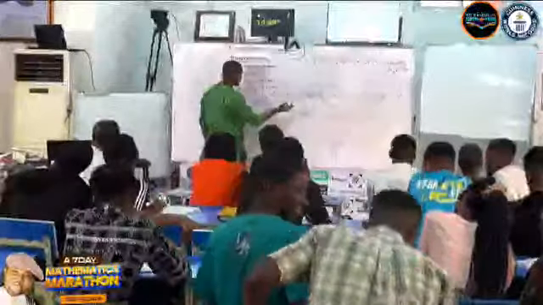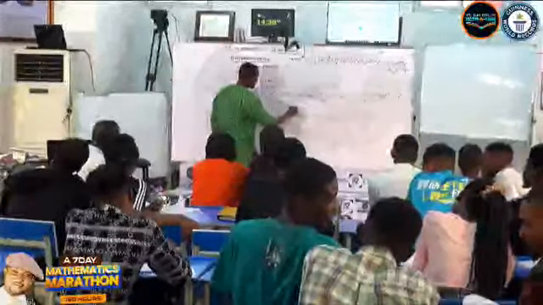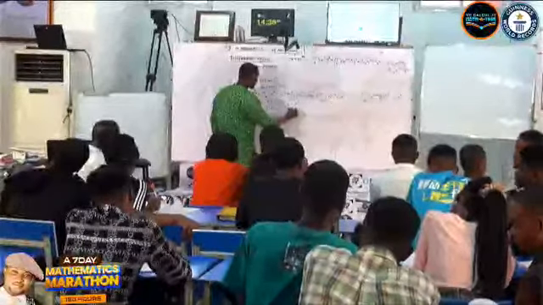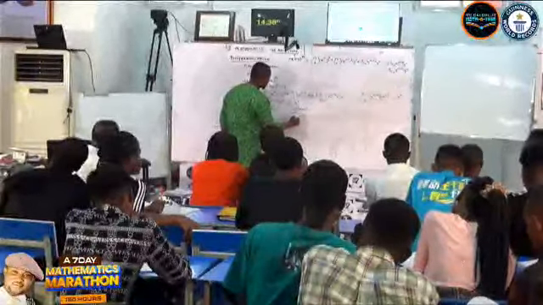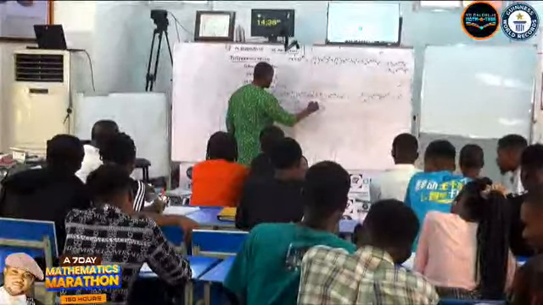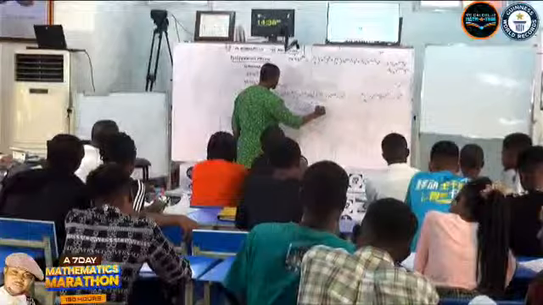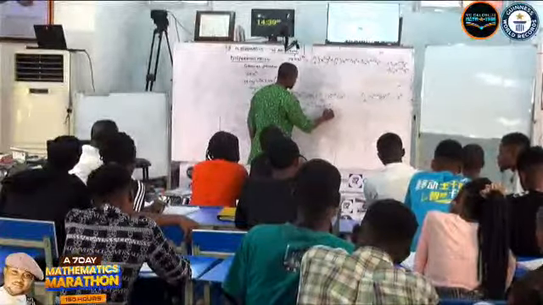This is gone, have you seen? Plus n factorial over 1 factorial, n minus 1 factorial, x to the power of n minus 1, plus n factorial over what?